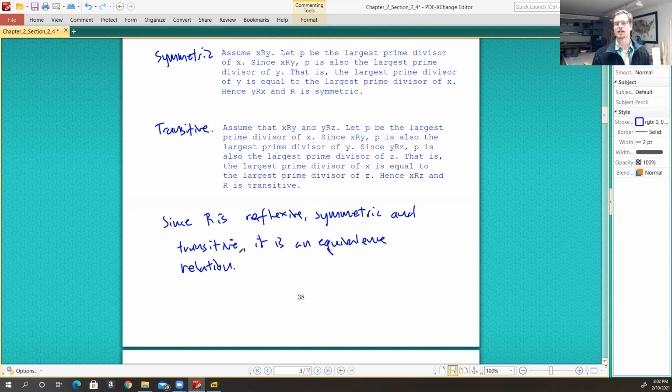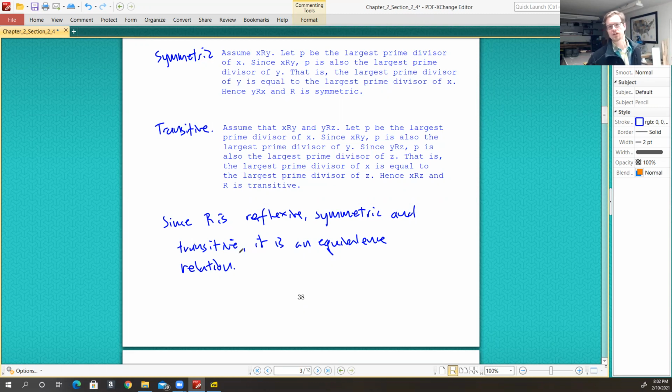So we showed that it satisfied the three properties, and then we finished off by saying, hey, I am aware that the definition of equivalence relation is to satisfy these three properties. So now that I've shown that it satisfies the three properties, I'm saying it is an equivalence relation because I've just demonstrated that it satisfies the definition of equivalence relation. It's very important that we do that.